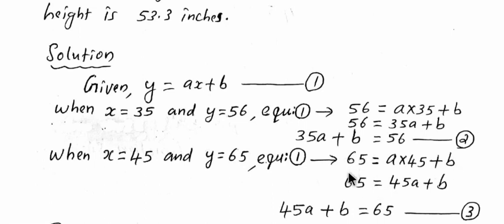Then simplify. 65 is equal to 45a plus b, or 45a plus b is equal to 65. Put equation number 3. Then solve.